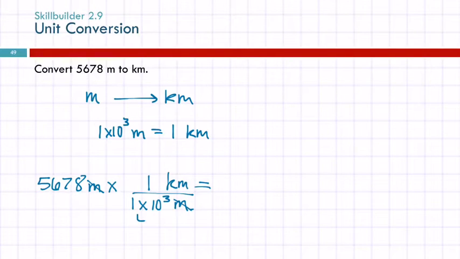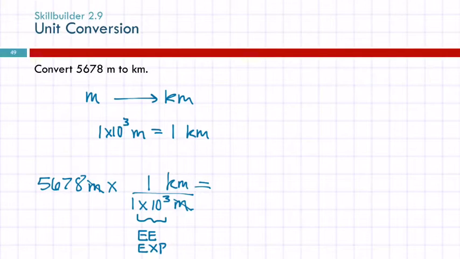So this 1 times 10 to the part, that's the EE button or the EXP button on your calculator. So to do this, we've got 5, 6, 7, 8 times 1. If you want to multiply by 1 in the top because it makes you feel better, go right ahead. It's not going to change anything.